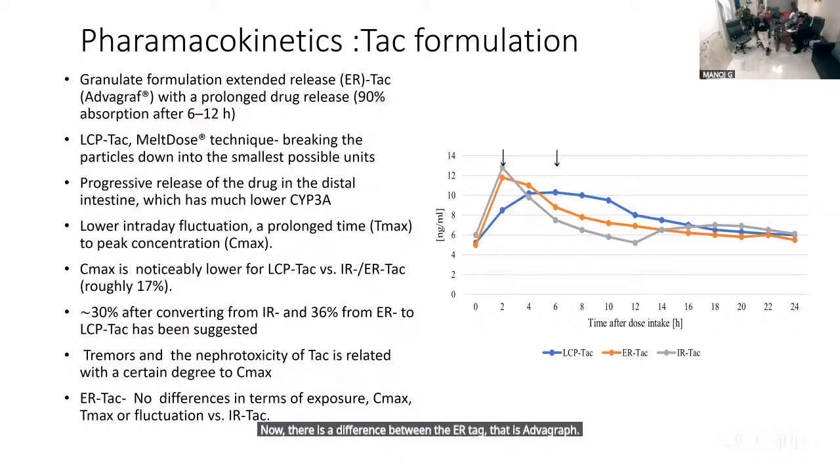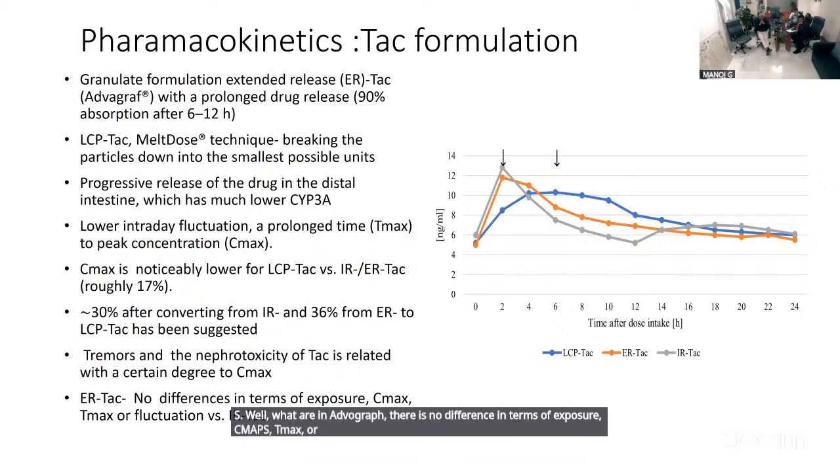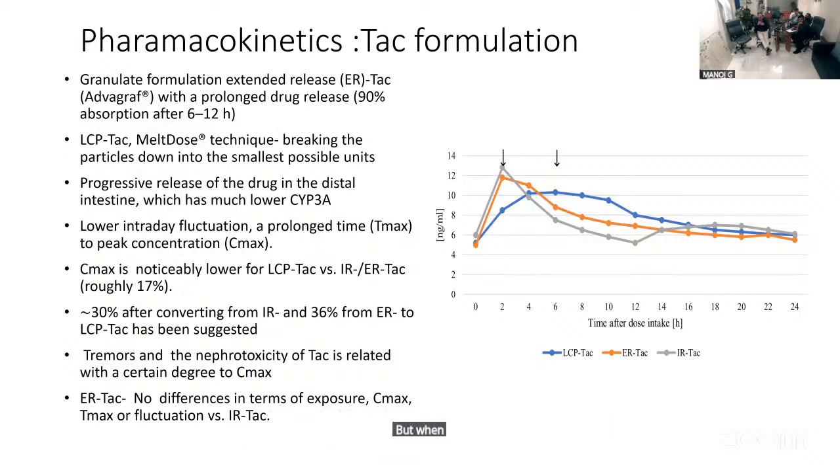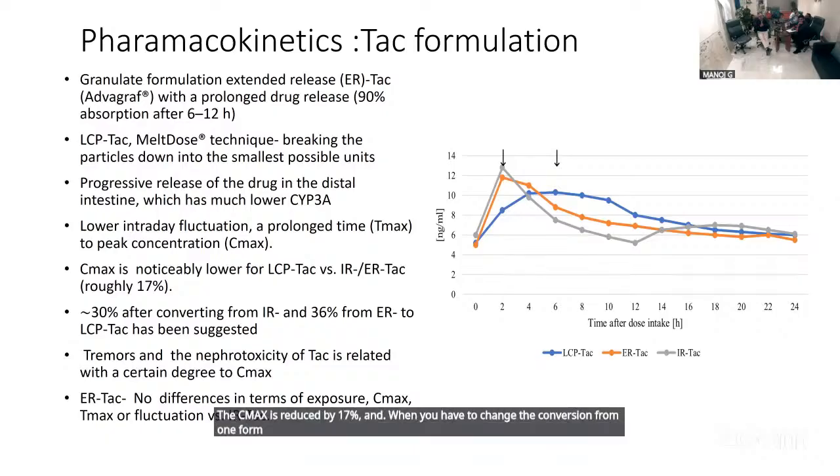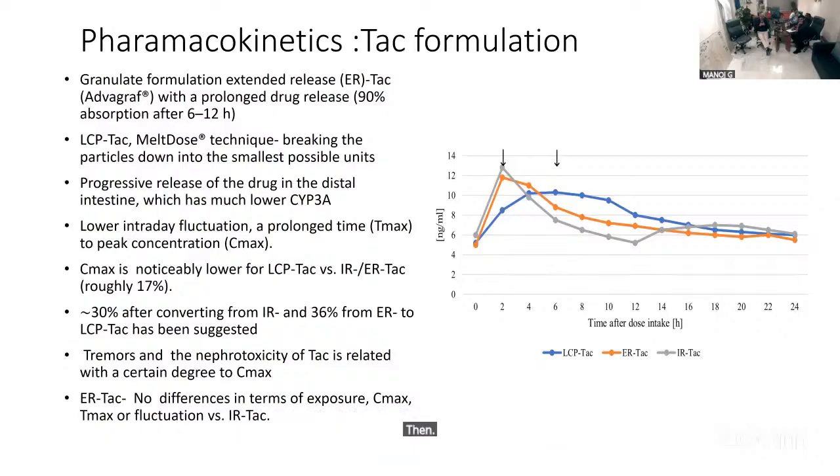Now there is a difference between the ER-TAC, that is Advagraf. Overall in Advagraf, there is no difference in terms of exposure, Cmax, Tmax, or fluctuations as compared to immediate release. But when you compare with the LCP-TAC, the Cmax is reduced by almost 17%. And when you have to change the conversion from one form to another, then with LCP-TAC you have to reduce the dose by 30%.